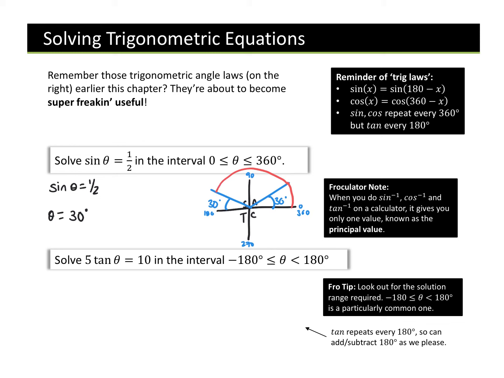This is 180 minus 30, which is 150 degrees. Carry on going round until I get to 360. There are no more intersections, so I stop, because that is where my interval ends. So solving sine theta equals a half in this interval gives me two solutions: 30 and 150.